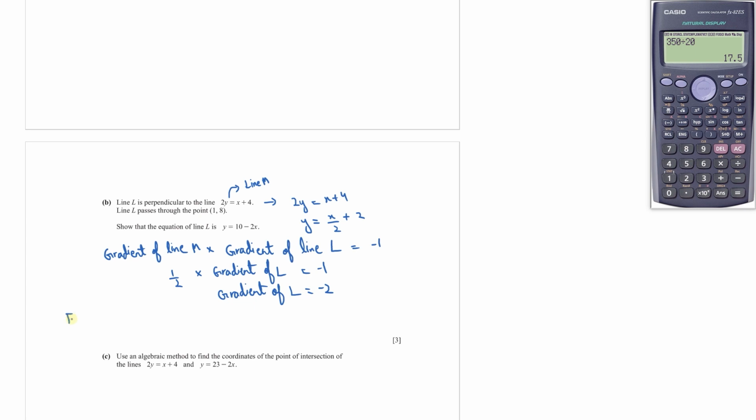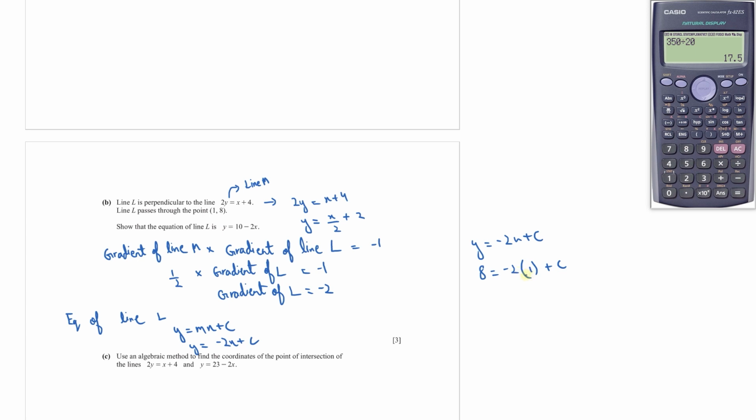So the equation of line L will be y equals mx plus c, which is y equals minus 2x plus c. Now we know the line passes through the point (1, 8), so we can substitute the x and y values here to find the value of c. So y equals minus 2x plus c, and the y value is 8, minus 2 times the x value, which is 1, plus c.